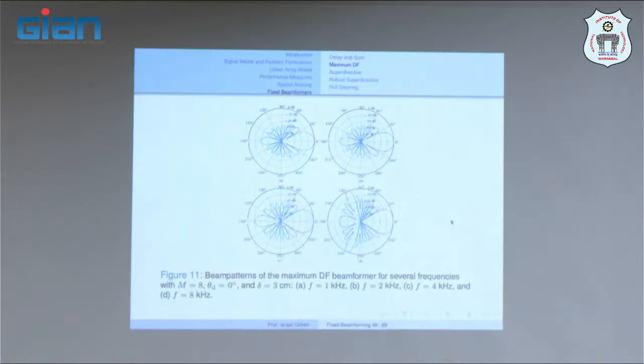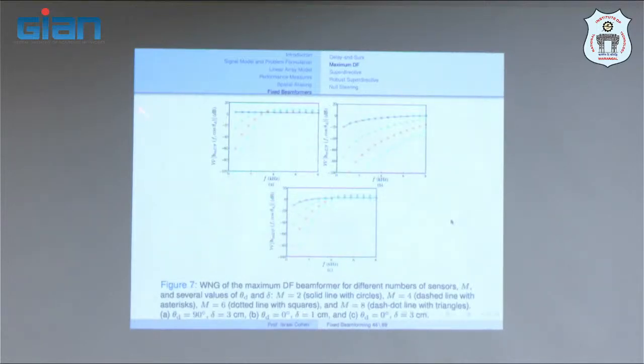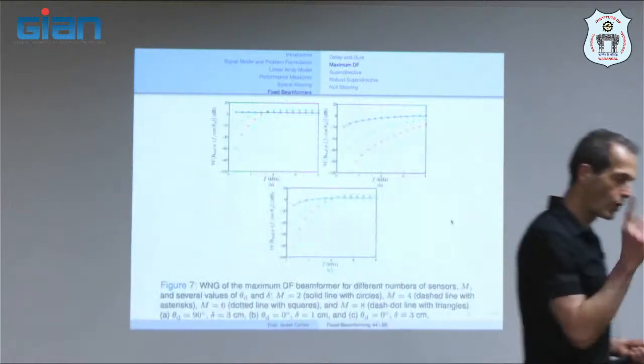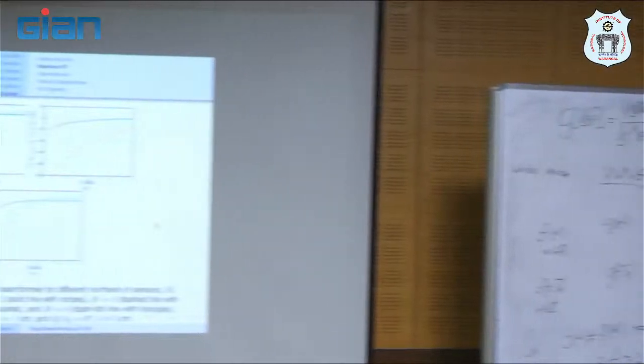That it can handle also thermal noise, which means that if we look at the white noise gain, we want to limit it so that it will not become lower than a certain threshold.